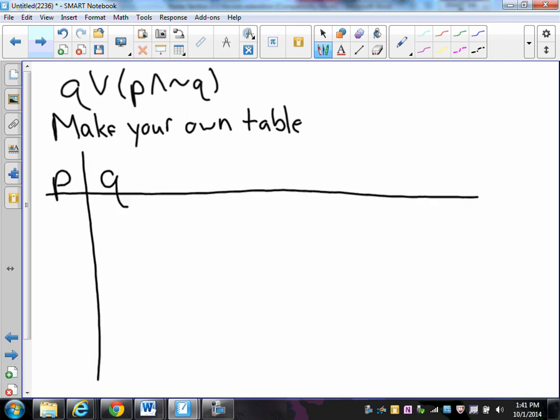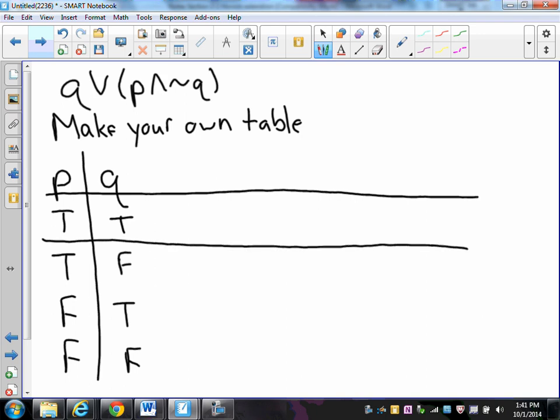So I will do my best, and hopefully this will come out pretty decently. So we have P and Q. So remember, we had true, true, false, false. Sorry, it went true, false, true, false. So I'm trying to keep the same order as all of the other tables. So this is normally where we start out.